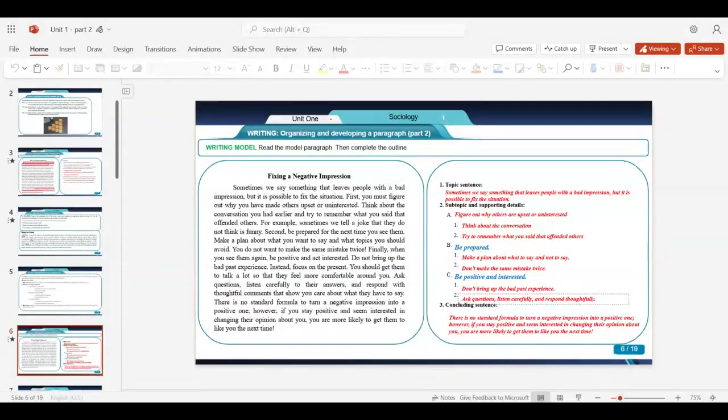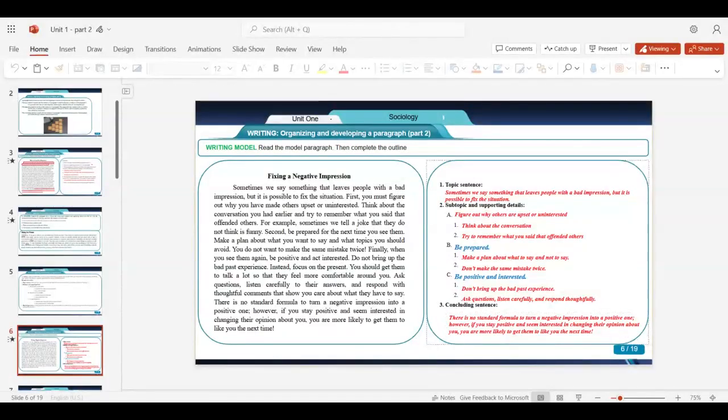So this is now the third main part of the paragraph, the concluding sentence. What is the concluding sentence of this paragraph? There is no standard formula to turn a negative impression into a positive one. However, if you stay positive and seem interested in changing their opinions about you, you are more likely to get them to like you the next time.